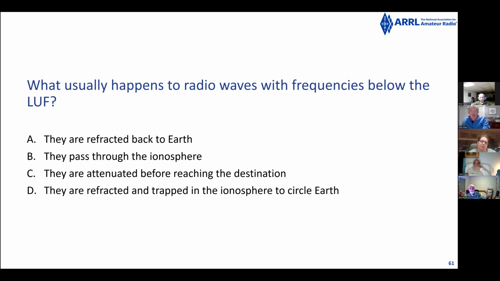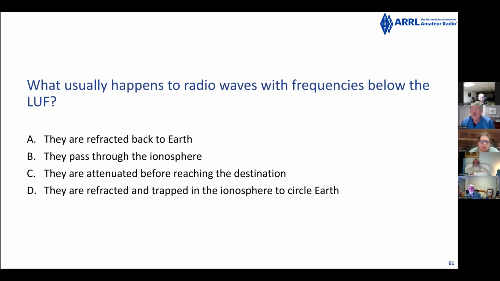What usually happens to radio waves with frequencies below the LUF? A, they're refracted back to Earth. B, they pass through the ionosphere. C, they are attenuated before reaching the destination. Or D, they're refracted and trapped in the ionosphere and circle the Earth. This wording is a little bit tricky.